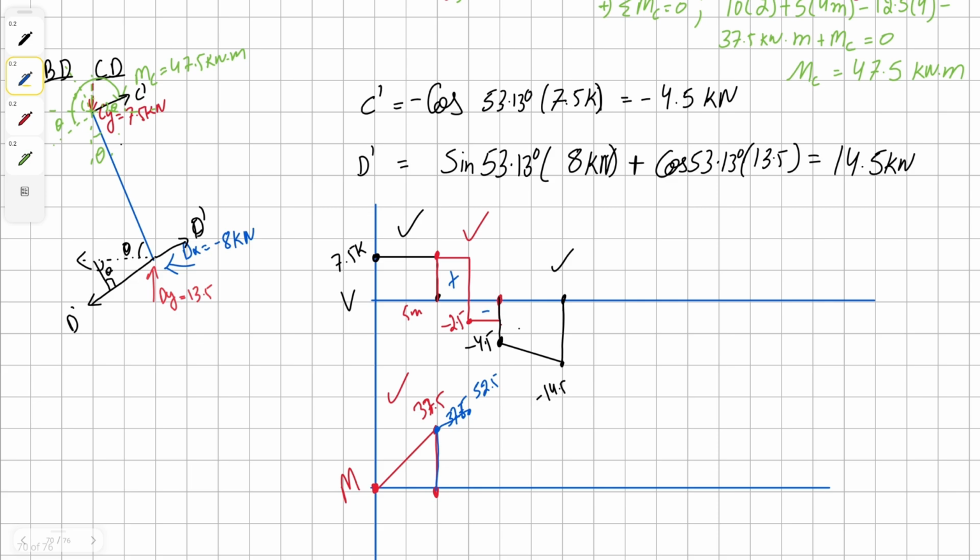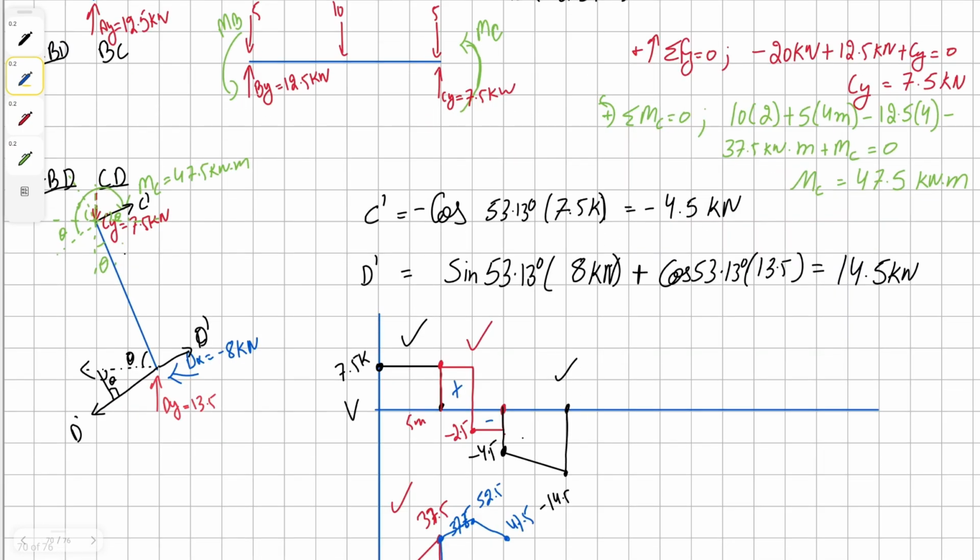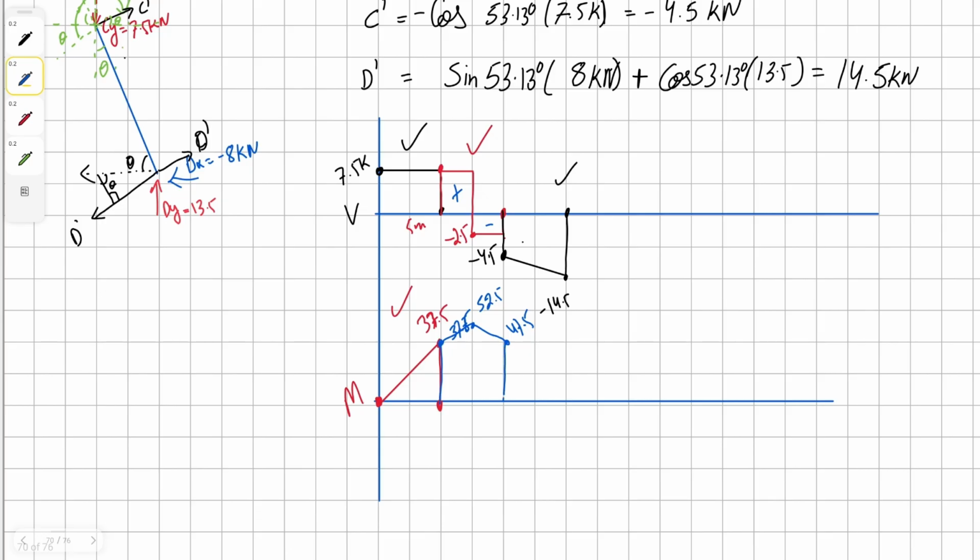Then we have this negative area, which is 2.5 times 2, comes up to be 5. So over the course of 2 meters, it's going to bring us down by 5, which is 47.5. And from this point, 47.5, we have moment C. And moment C is counterclockwise, therefore we're going to go down by 47.5, bring us to 0. That means this calculation is correct as well.